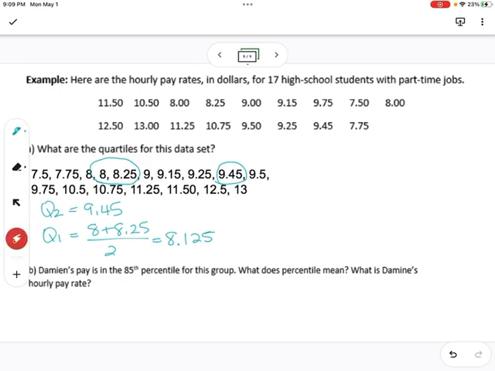Now our Q3 is looking between the 9.5 and the 13. Again, there's 8 values there. So counting 4 over, 3, 4. We're looking at 10.75 and 11.25.